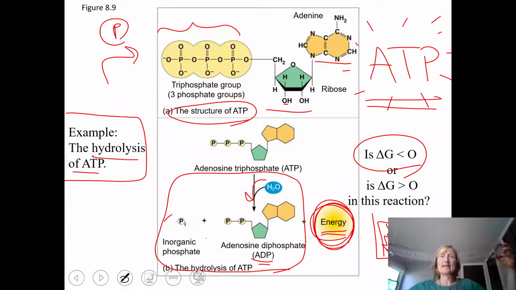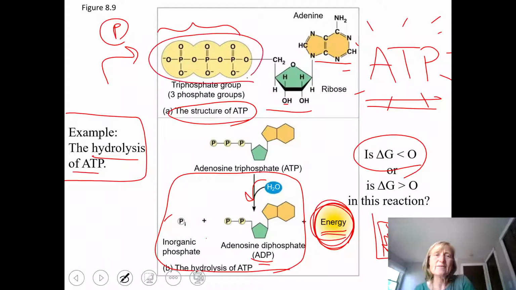Think of it as a slinky stretched out, or a slinky at the top of the stairs. It's unstable because it has 3 phosphates right next to each other. All of them have negative charges. They don't like to be near each other. It's going to be really easy to break one of those phosphates off and make the molecule more stable. Okay? In any case, the hydrolysis of ATP represents a spontaneous reaction where delta G is less than 0.